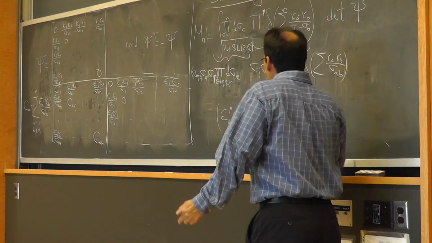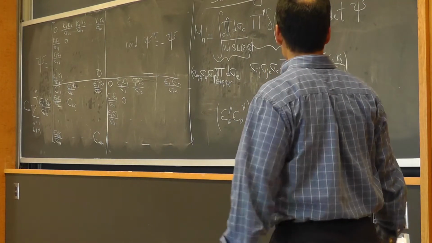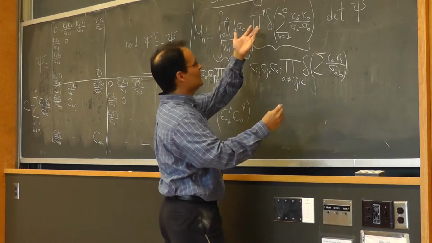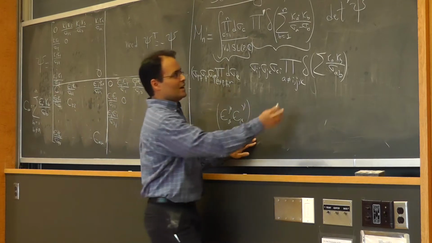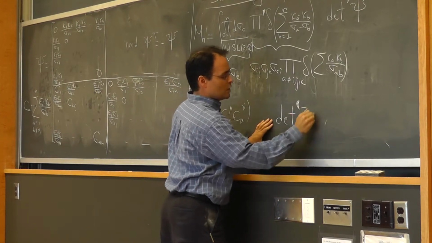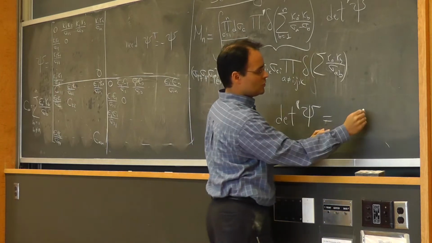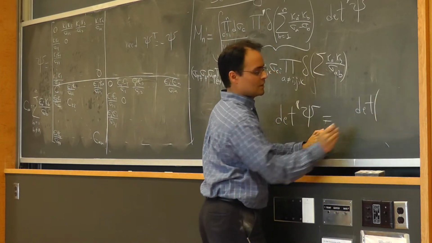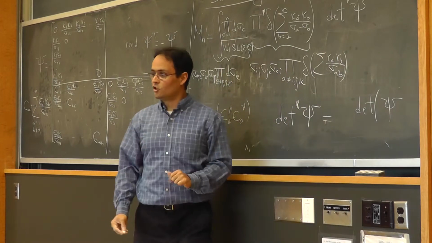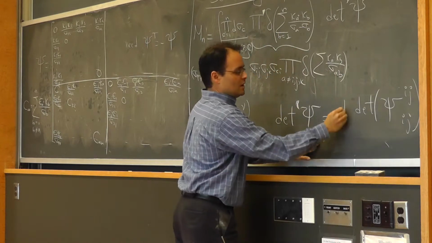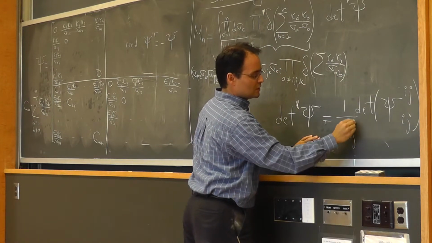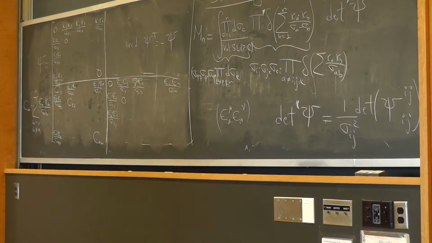Well, then you try 10,000 other things, until you realize that all you have to do is to put a prime again, and say that determinant prime of psi is equal to the determinant of a matrix that you get by removing 2 rows and 2 columns. And you divide by sigma ij squared. You put it in Mathematica several times and you check, and this object is independent of the choice of i and j. Okay?